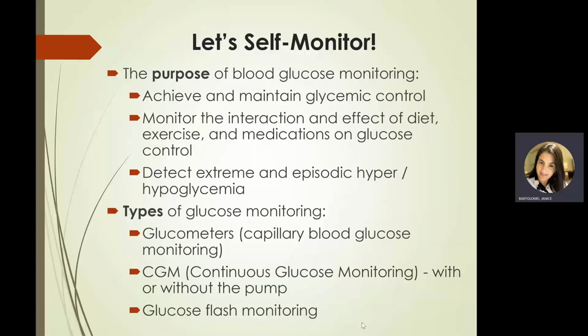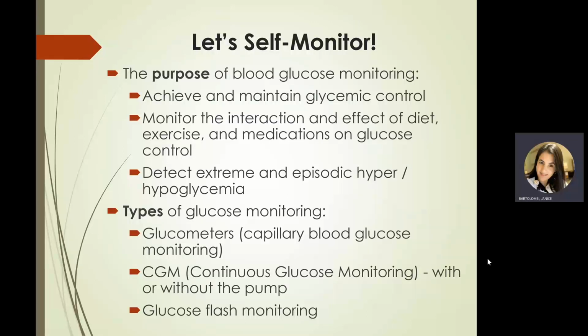Now, there are different methods of self-monitoring. At the hospital, the majority you're going to see is glucometers, where the nurse or the tech goes in and takes a capillary blood glucose sample from the patient's finger. All you do is warm up the hand if it's cold, ask the client which finger they prefer to be stuck, scan the patient, ask the two identifiers, prepare the lancet and the glucometer, and put the strip inside the glucometer.